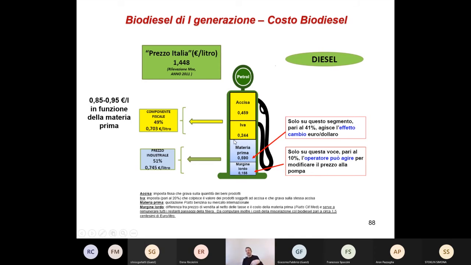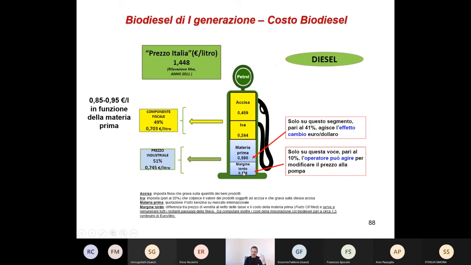So here you can see how many taxes are present. Taxes, and in particular VAT, value added tax, IVA in Italian. You can see that approximately 50%, maybe more in some cases, is taxes, and this is the gain for the distributors, and this is the production cost, of course.